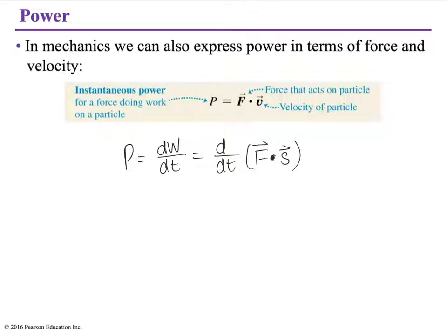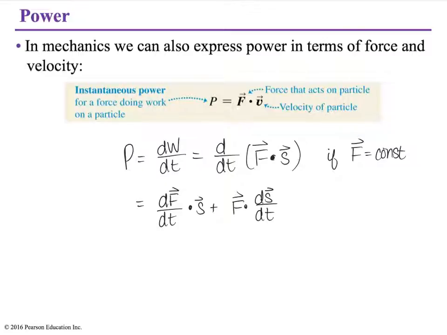If our force is constant, when we take the derivative of this, we'd have dF dt dotted with s plus F dotted with ds dt, because that's how we do the derivative of a product.